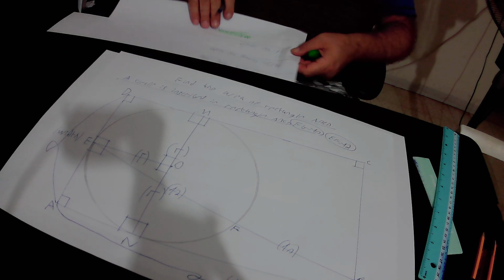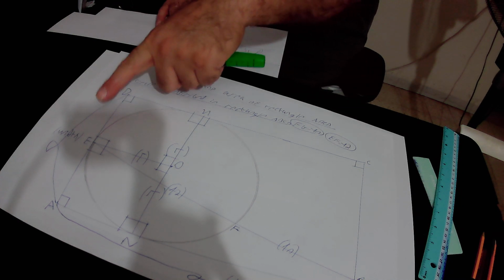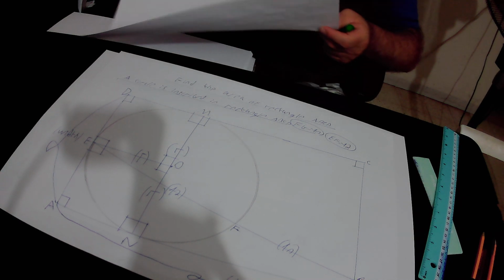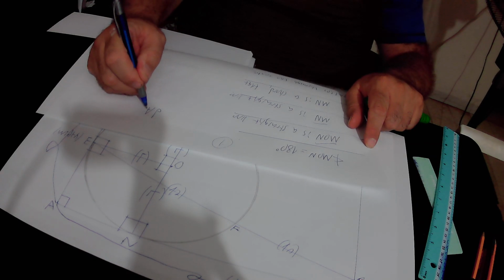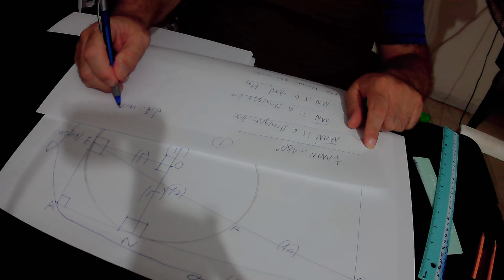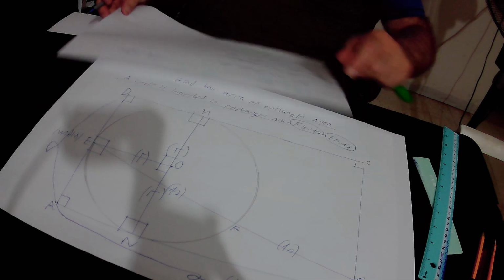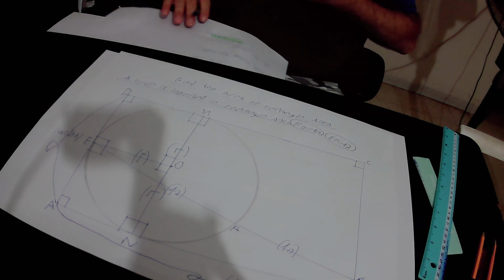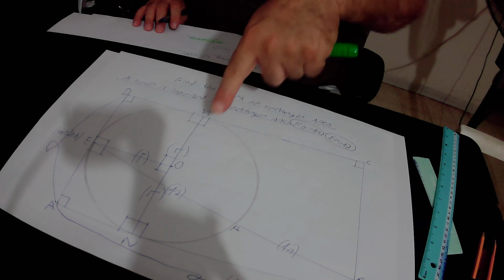And DA is the width. So you can write down that DA is the width of rectangle ABCD. MN is the diameter, it is a straight line.